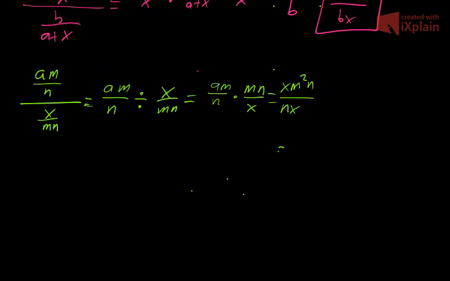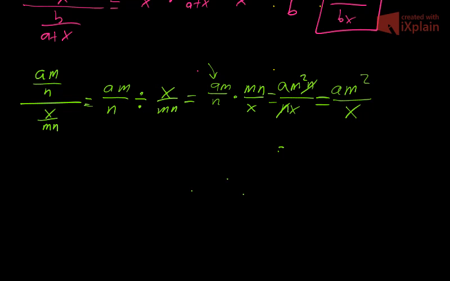And this does simplify. I have an n on bottom and on top. I'm sorry, I miswrote that. The bottom should be an a, so the a comes over and I have an a. So this is going to be m squared over x.